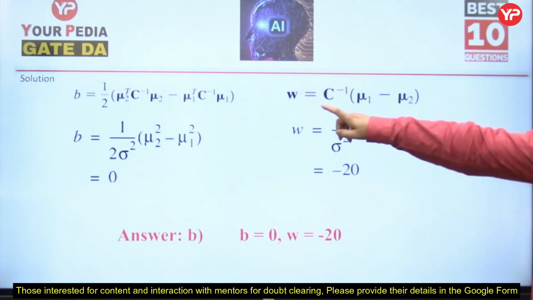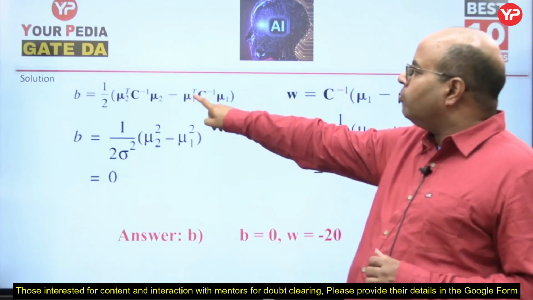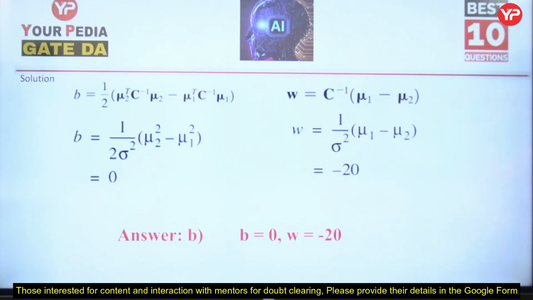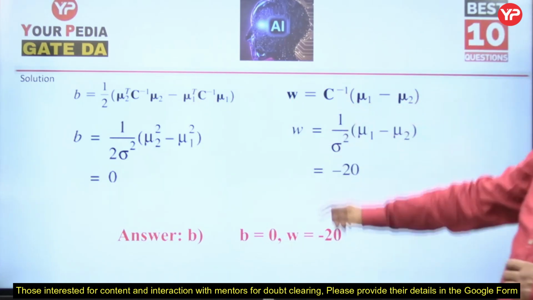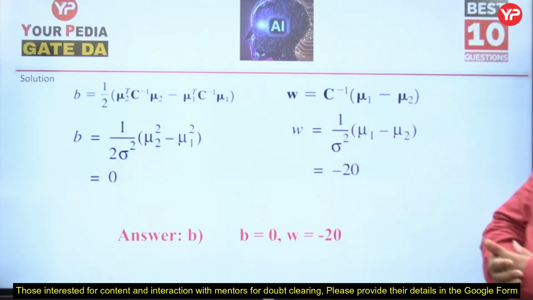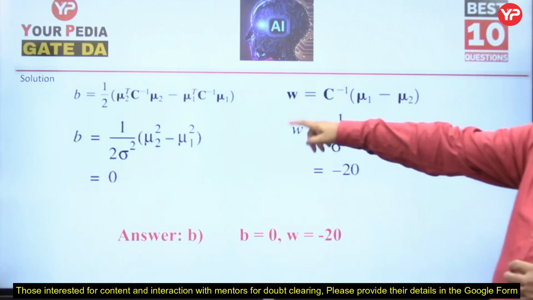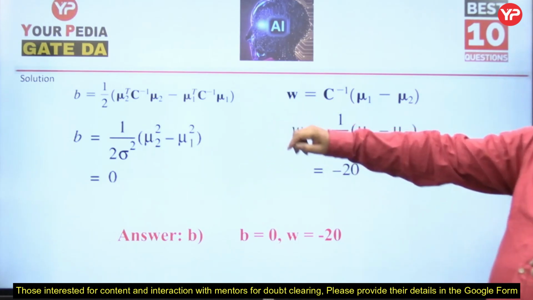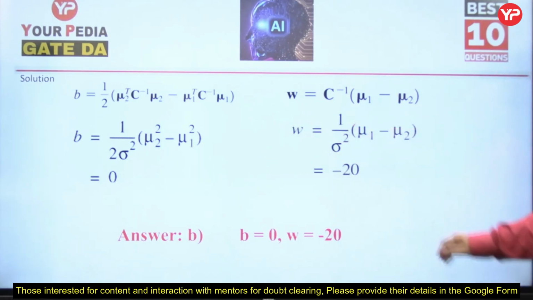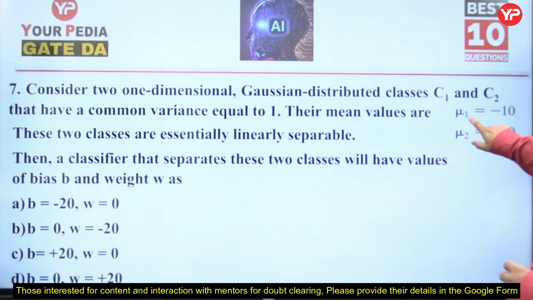From the formula it comes like B is equal to half of mu2 transpose C inverse mu2 minus mu1 transpose C inverse mu1. These are the formulas which we have to remember. Then bias comes like this, B is equal to 1 upon 2 sigma square, times mu2 square minus mu1 square. Now here mu1 is equal to minus 10, mu2 is equal to plus 10, but their squares will be 100 common.